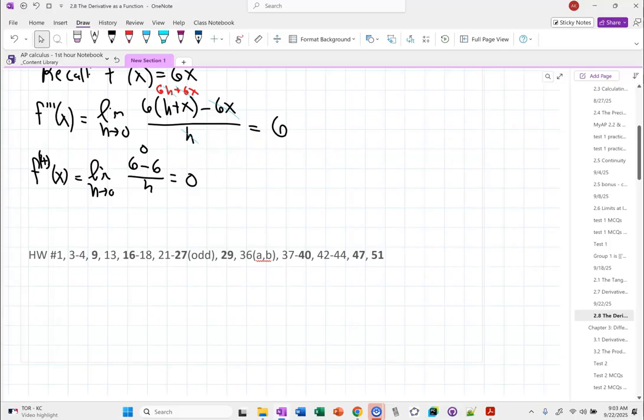When we get into chapter 3, the first order of business is going to be, how do I get away from having to do this limit business all the time? Let's start looking at some shortcuts. All of chapter 3 is building out shortcuts. So we're going to do 3.1 and 3.2, and then we'll be ready for our next test.